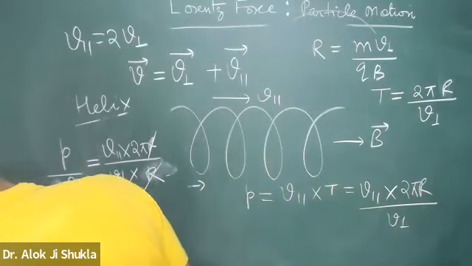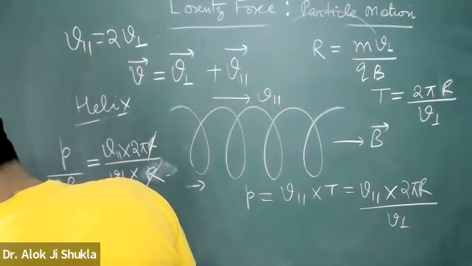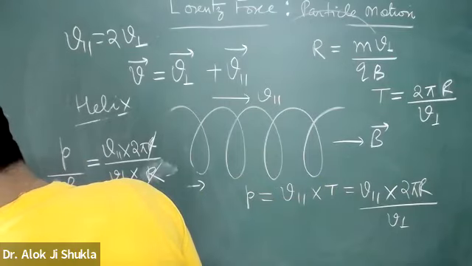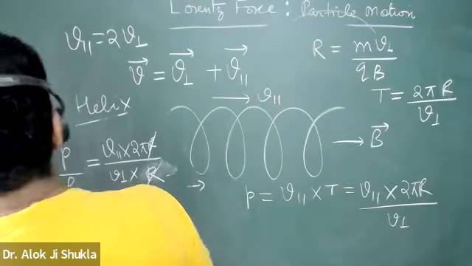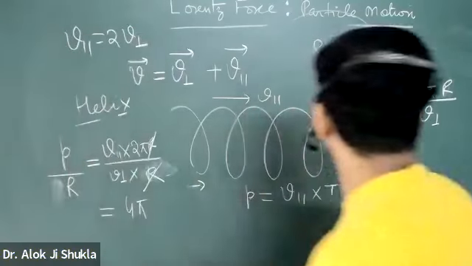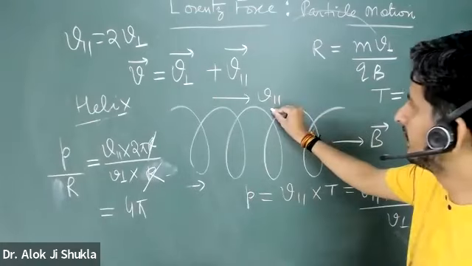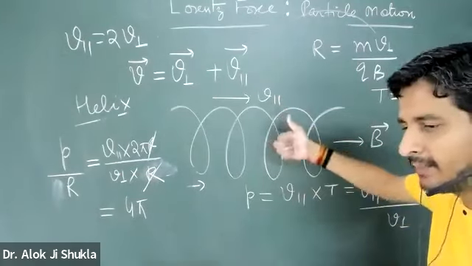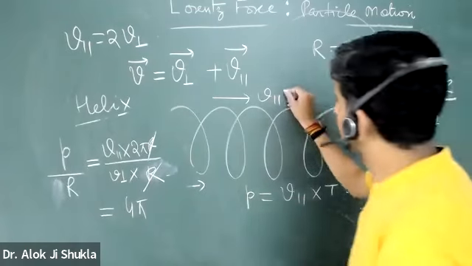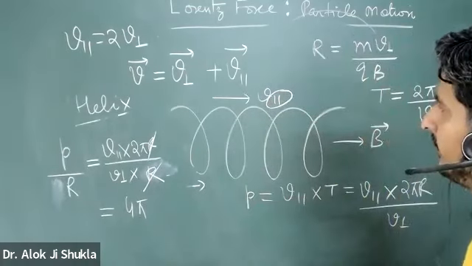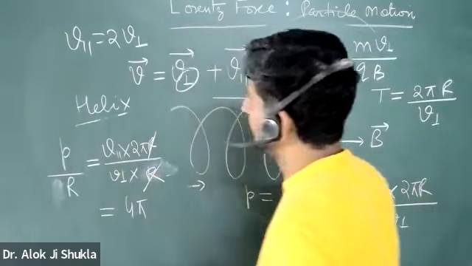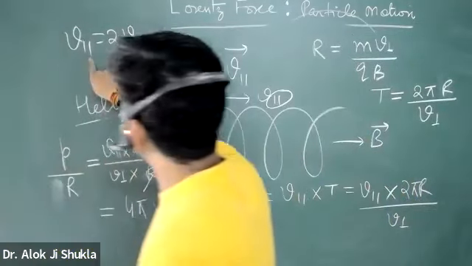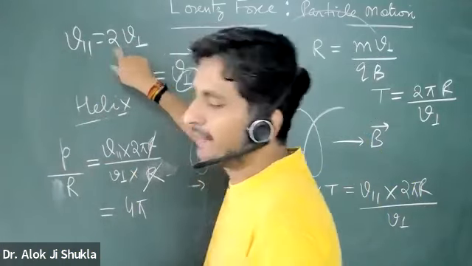Sir, how did you identify that the parallel component is along the magnetic field? In a magnetic field there should be sin theta. The initial velocity is such that the component along the magnetic field, along meaning parallel. See, I have made this: this is the magnetic field, this is the component along it. What is V parallel? Parallel means parallel to the magnetic field. What is V perpendicular? Perpendicular means perpendicular to the magnetic field. So it is given that the component along the magnetic field is 2 times the component perpendicular to it.